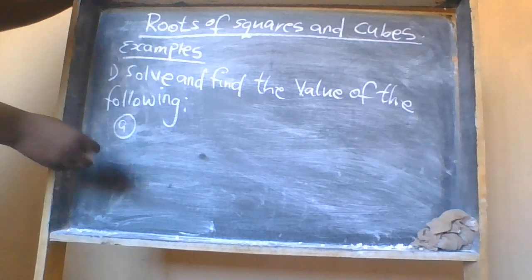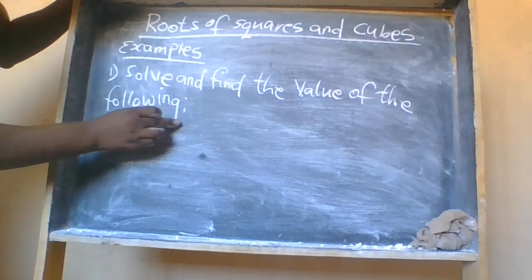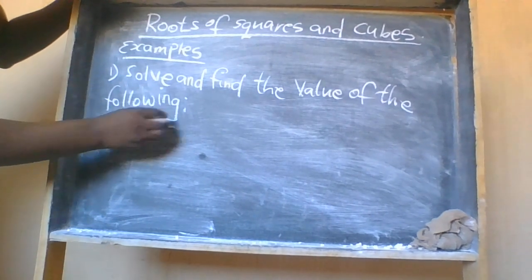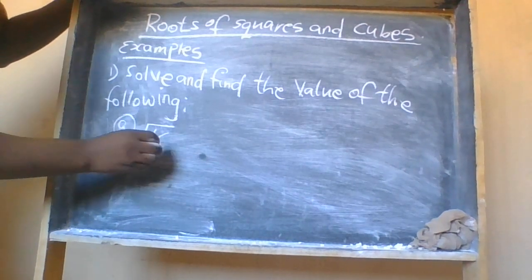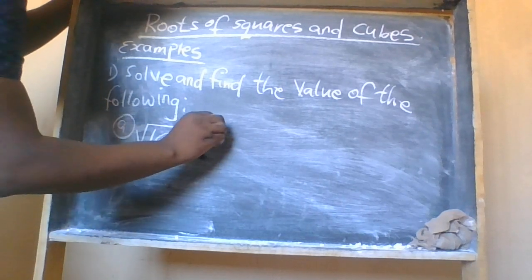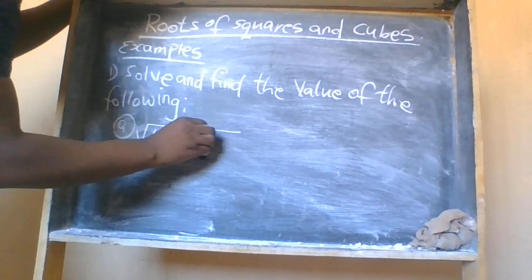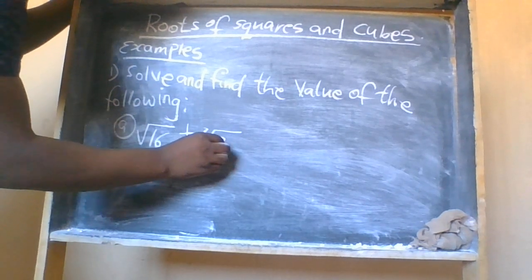A, will say square root of 16 plus the cube root of 27.